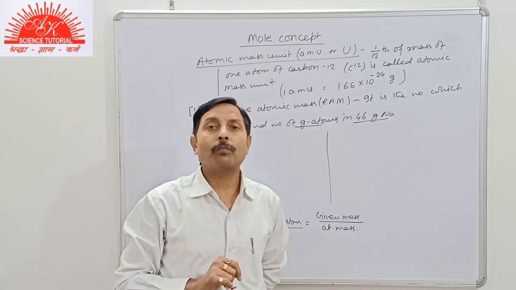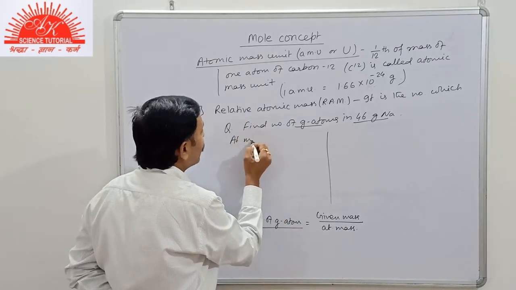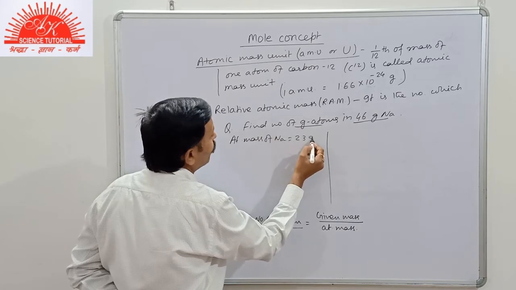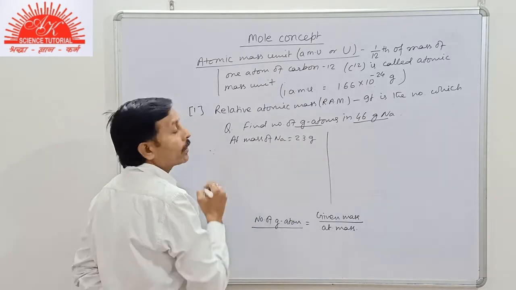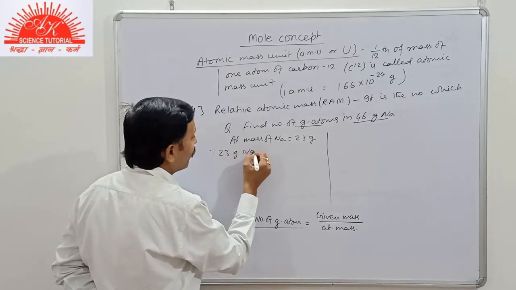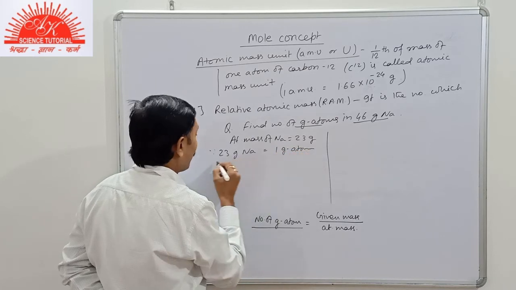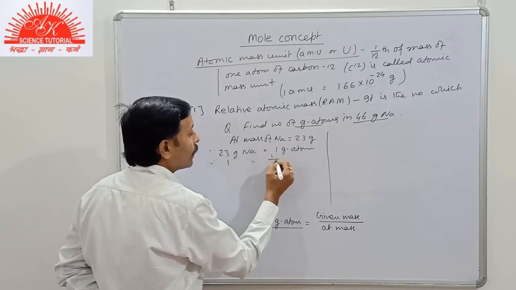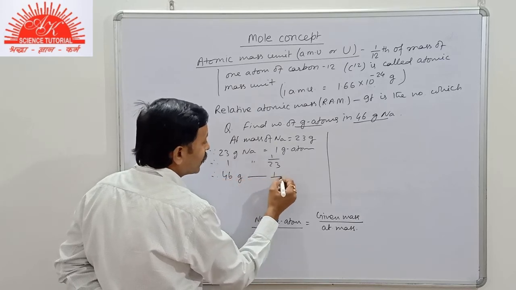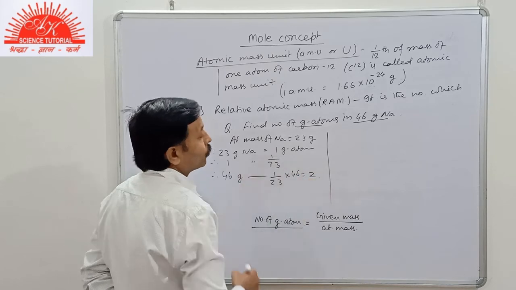Then what is the gram atomic mass of sodium? As you know, the atomic mass of sodium is 23 gram. So write in unitary method: since 23 gram sodium is equal to 1 gram atom, then for 1 gram it is 1 by 23, and then for 46 gram it is 1 upon 23 into 46, hence 2.